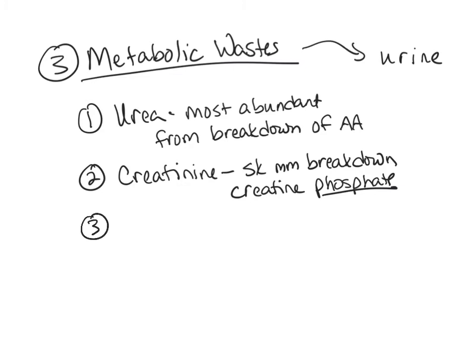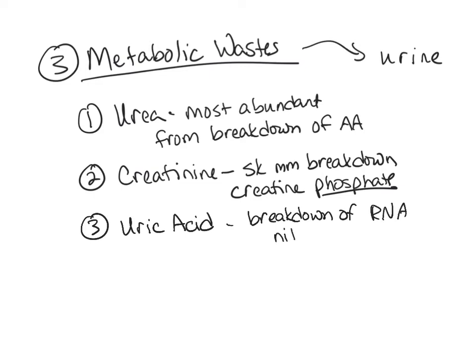The last metabolic waste in the body that I want to mention is called uric acid. So uric acid is from the breakdown of RNA. It's really from the breakdown of those nitrogenous bases in RNA. So you remember what those are.